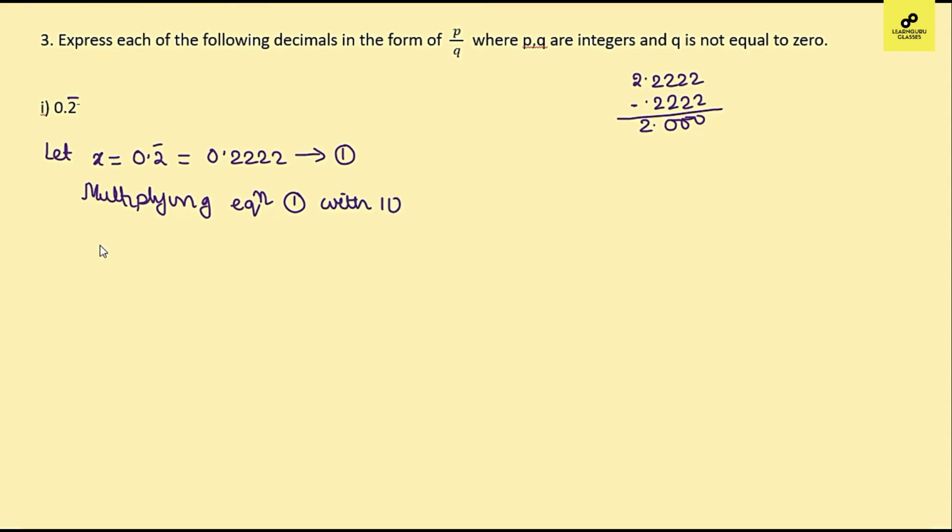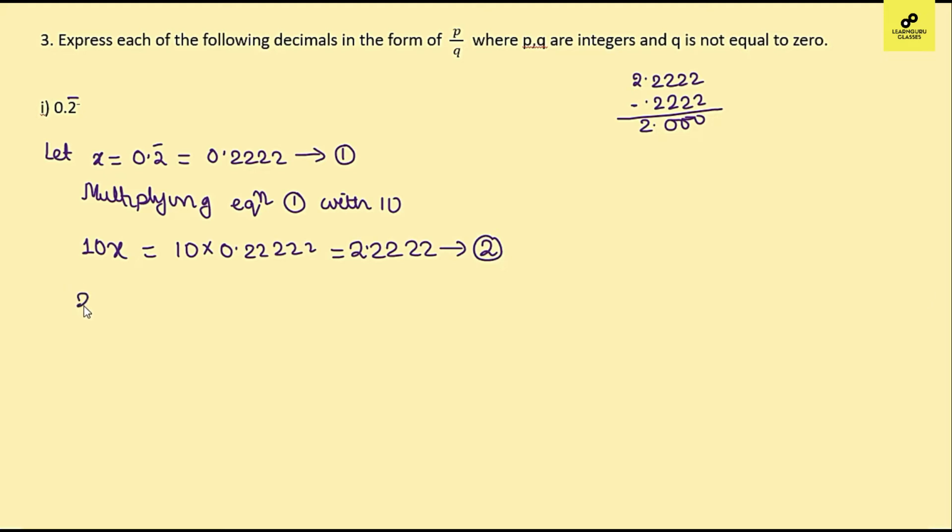So what do we get here? 10x and 10 into 0.22222. Once you multiply this with 10, this 2 will be before the decimal, leaving the other 2's behind. Okay, so we call that equation 2.